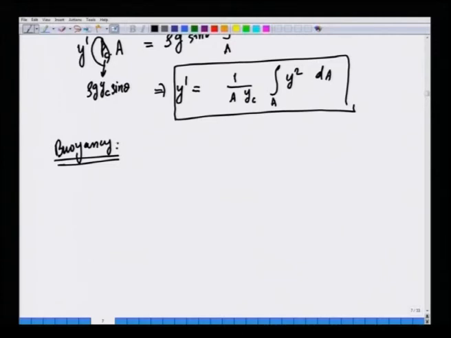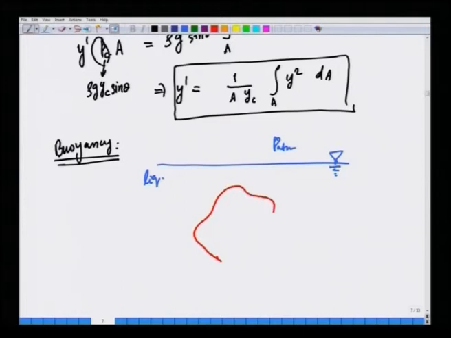Suppose you have a solid object that is completely immersed in a liquid. You have a free surface, that is atmosphere, and a liquid like water, and a solid object that is completely immersed. Let us say you are putting a coordinate z like this and gravity is acting like this.